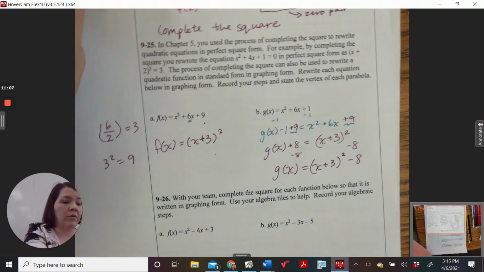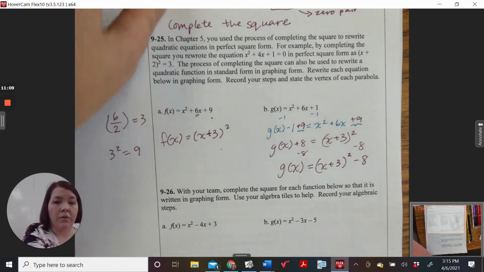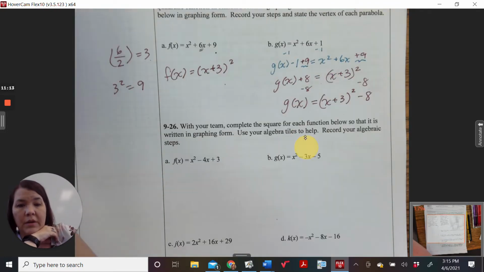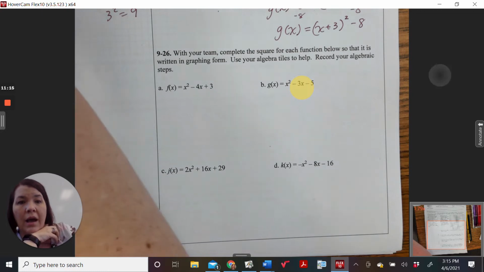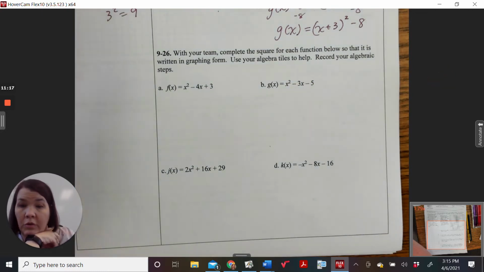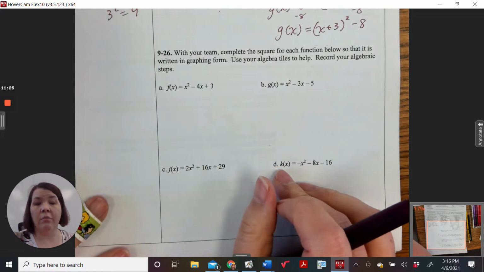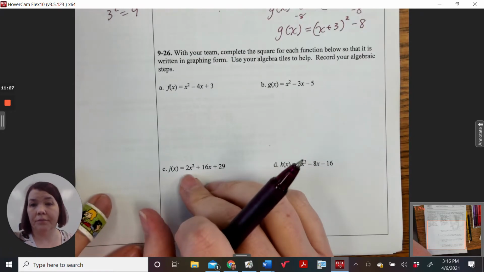So it's just a question of which one you want to do. So let's go ahead and see what we can come up with to do these next set of problems to complete the square on. I'm going to do B and let you do A by yourself. I will also do C and let you do D by yourself. A and D are much easier than B and C.